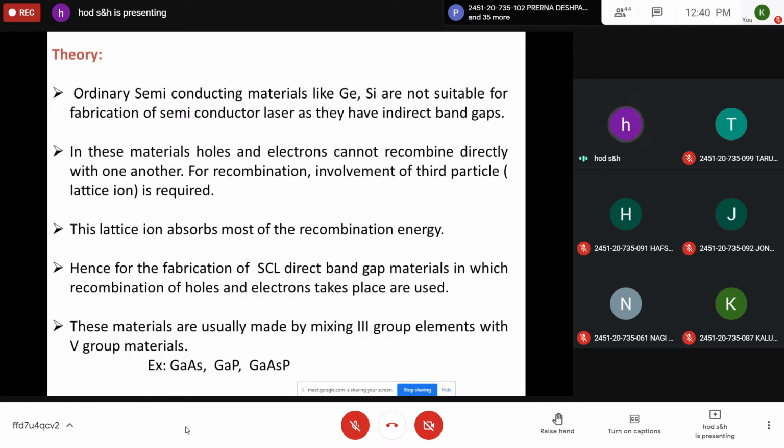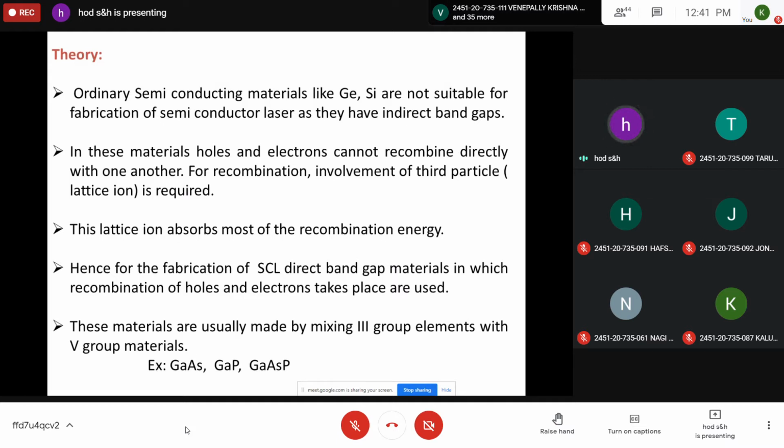But for the fabrication of these semiconducting lasers, direct band gap materials, in which recombination of holes and electrons takes place directly, are used. There are some materials in which the recombination takes place straight away. These are called direct band gap materials. An electron and hole can combine directly in these materials, and this recombination energy is converted into optical pulses.